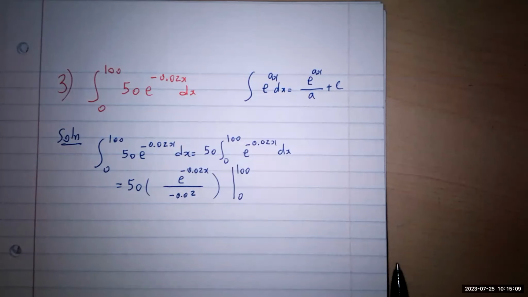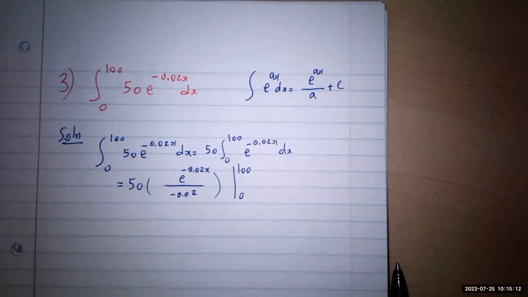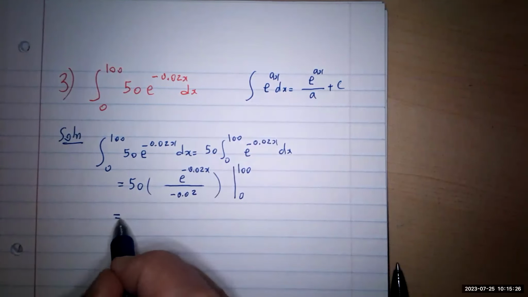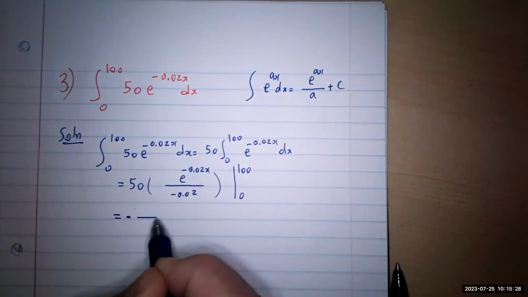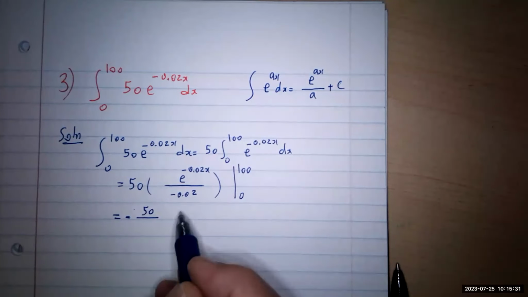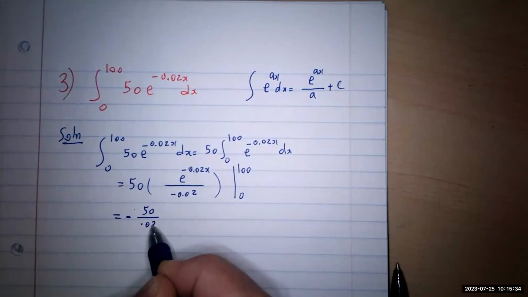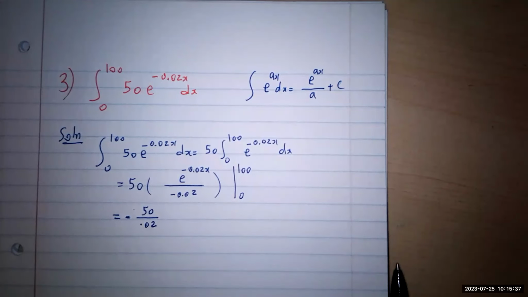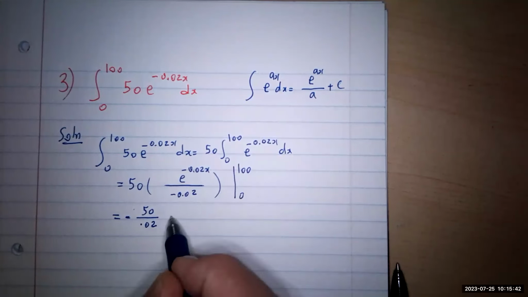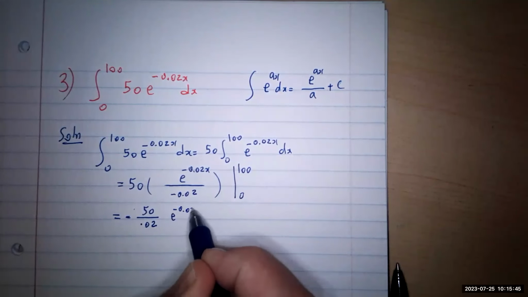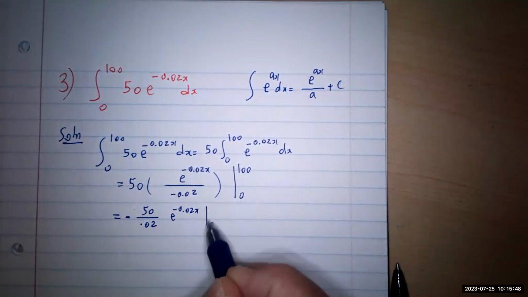Okay, now you have to simplify this nicely. You can use your calculator. If you want to do it yourself, you bring this one out, and then start substituting. So this is going to be negative 50 over 0.02, times e to the negative 0.02x from 0 to 100.